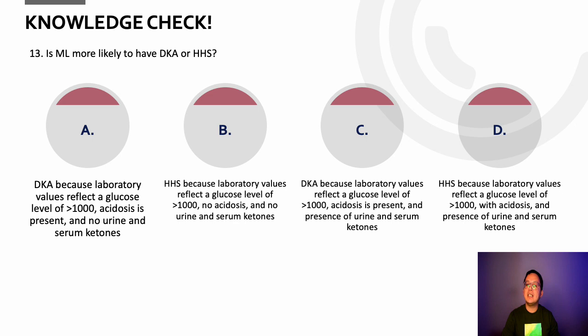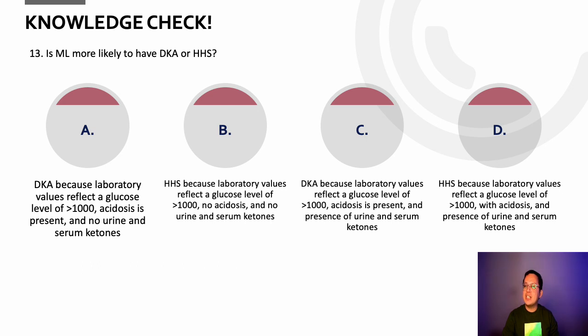Question number 13. Is ML more likely to have DKA or HHS? A. DKA because the laboratory values reflect a glucose level of greater than 1000, acidosis is present, and no urine and serum ketones. So your knowledge of the signs and symptoms of DKA and HHS will work here.